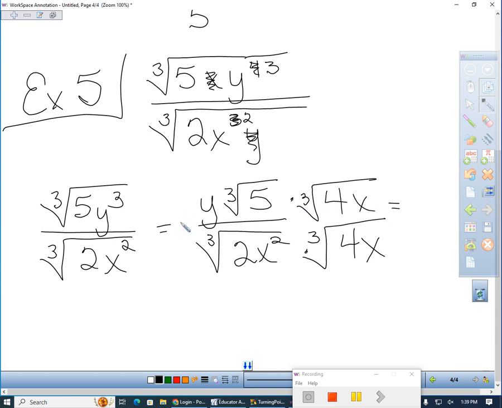So on the top, I multiply my outsides and I multiply my insides, which is 20x. The bottom, I have the cube root of 2x squared times the cube root of 4x, which if I multiplied those together, I get the cube root of 8x to the 3rd. What does that simplify to? 2x. Very good.